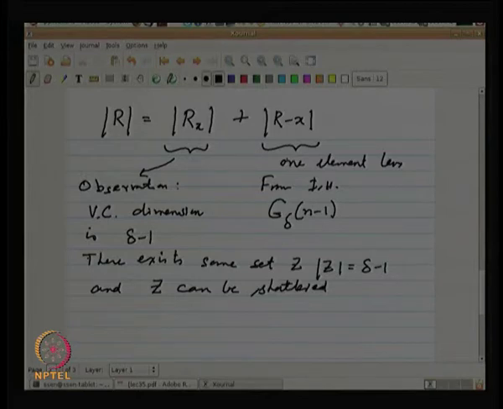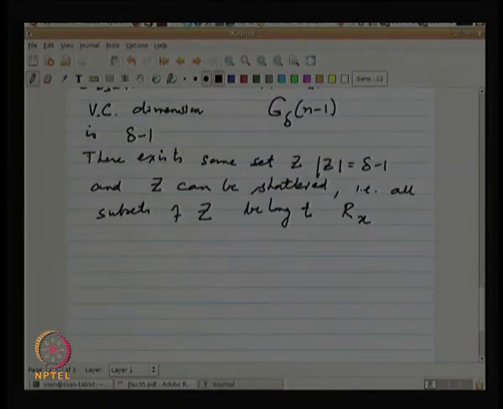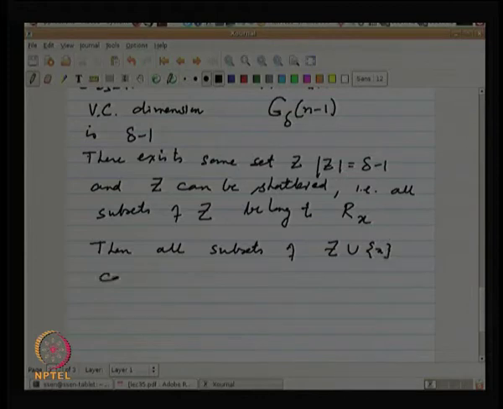Right, i.e., all subsets of Z belong to R sub x. Now, if that is so, then I claim that all subsets of Z union x can also be shattered.